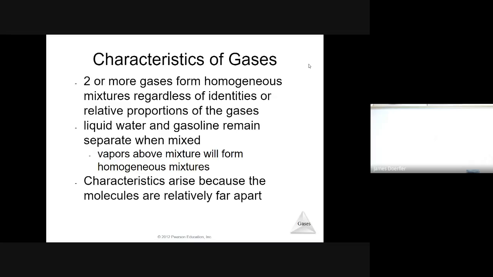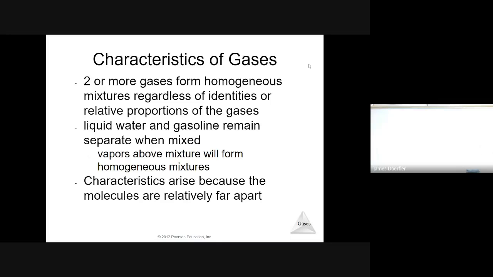Now, when we try to mix liquids and gases, again, we get different results. When we get two or more gases together, we form homogeneous mixtures, no matter what their identities or proportions are.